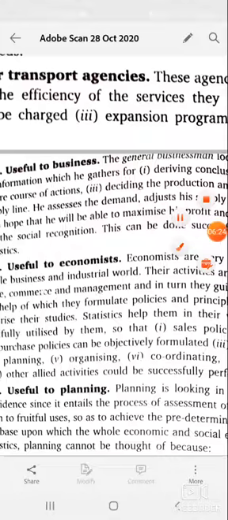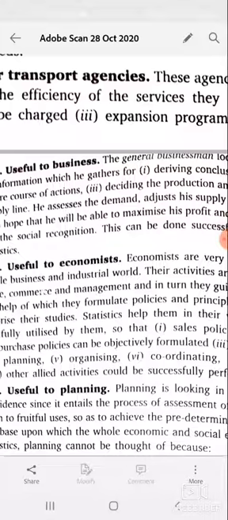Now again, it is useful to the economist. We can say economics is blind without statistics. If there is no statistics, economics is nothing, because all the applications of economics depend upon the data provided by statistics.